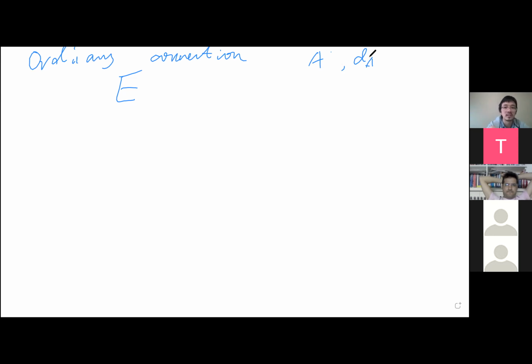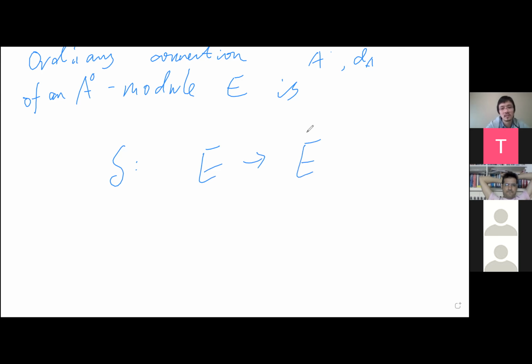An ordinary connection of an A0 module E is a map delta from E to E tensor A1 over A0.